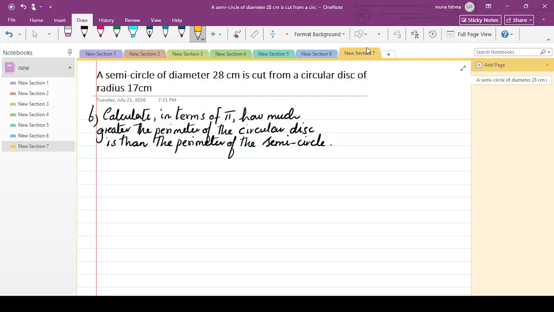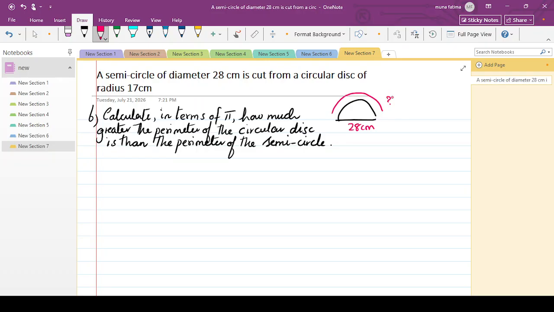We have the same diagram, so let's just draw them again. We have the perimeter of the semicircular disc. Its diameter was 28, and we're supposed to find this side.